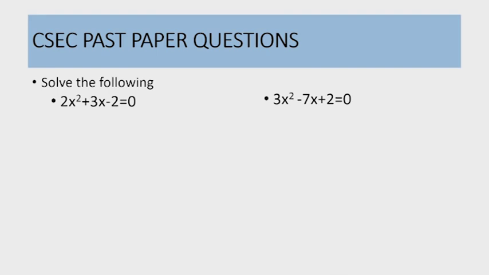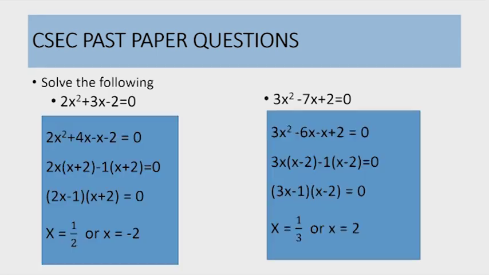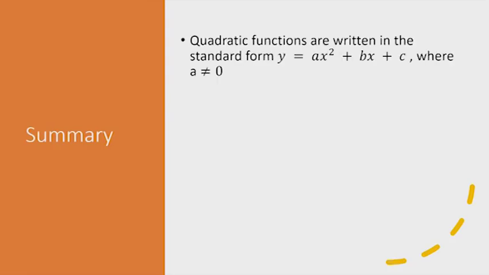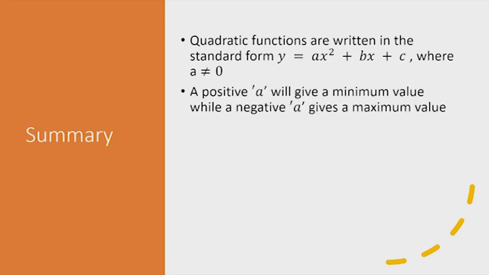And of course, we hope that you would have gained something from today's lesson. So as we summarize quickly, today we would have learned that quadratic functions can be written in standard form, ax squared plus bx plus c. We also realized that we can have a happy or a sad graph: if a is positive, it's happy, and if it's negative, the graph is sad.